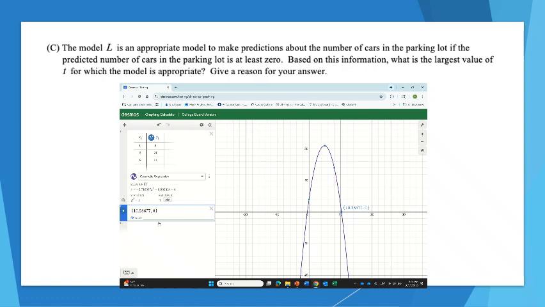And so our domain should be restricted to 0 is less than or equal to t, which is less than or equal to 10.287. And this is because the 0, that is the 0 of the quadratic equation and where we go into negative values there. All right?